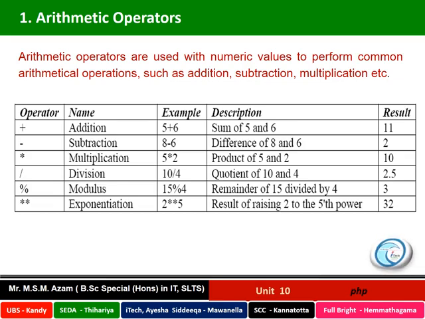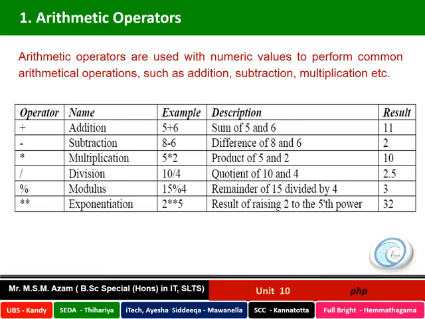The percentage mark is used for the modulus operation. Modulus means dividing an integer by another integer and finding the remainder. For example, 15 modulus 4 means dividing 15 by 4 and finding the remainder. 15 divided by 4, the remainder value is 3.